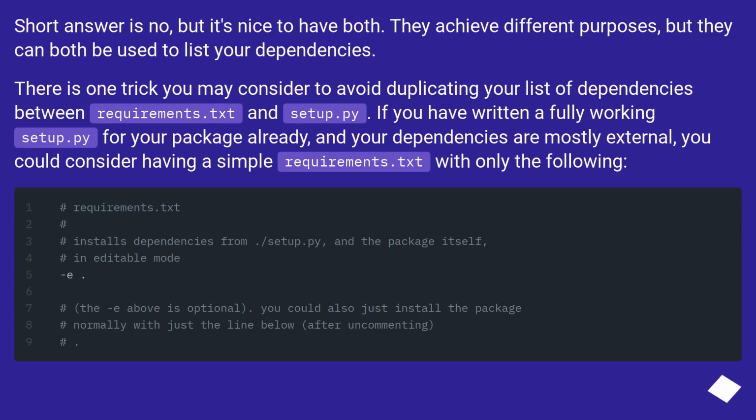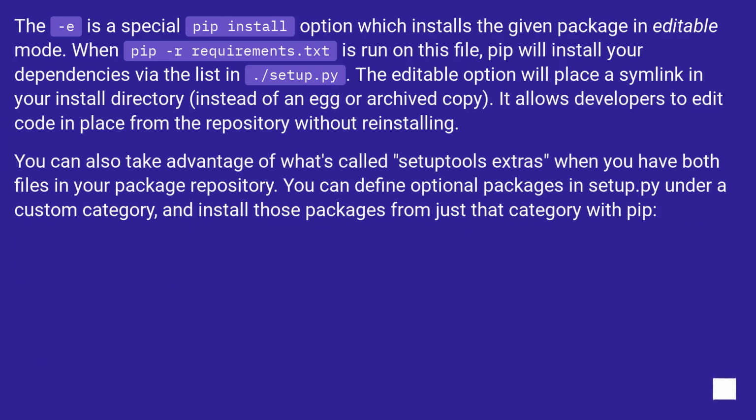If you have written a fully working setup.py for your package already, and your dependencies are mostly external, you could consider having a simple requirements.txt with only the following. The -e is a special pip install option which installs the given package in editable mode.